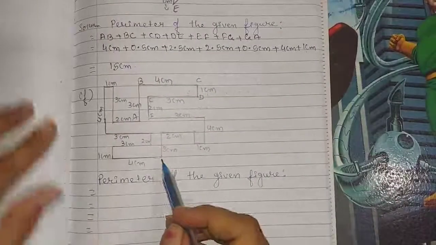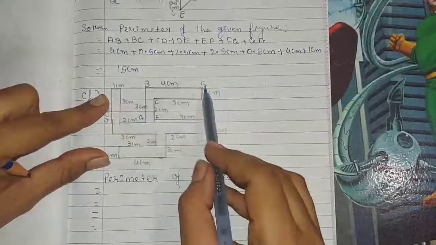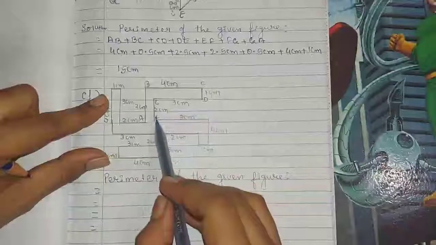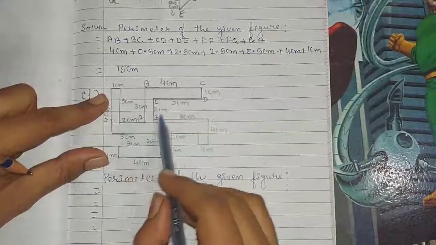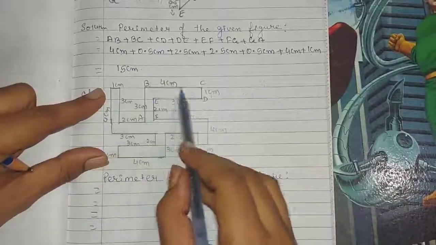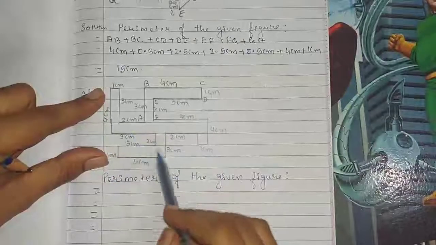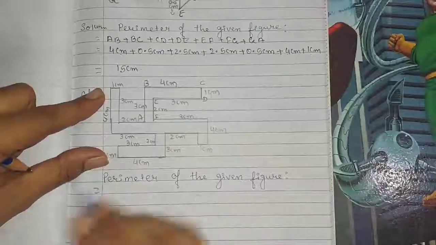So students, we will write AB plus BC plus CD plus DE plus EF, and then we will multiply by 4 because this type of pattern occurs 4 times, 1, 2, 3 and 4, and all 4 sides' measurements are the same.